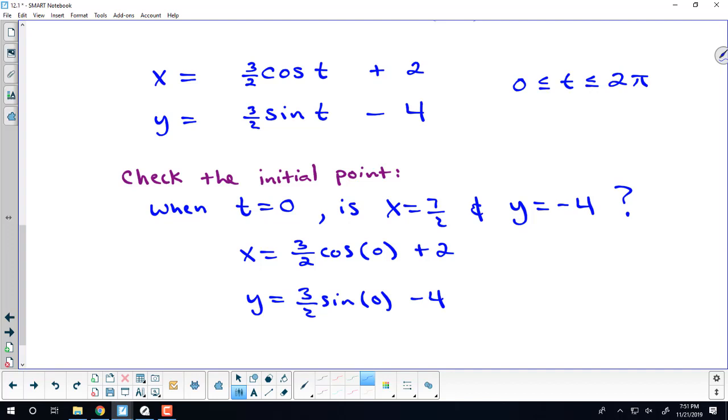So I have 3/2 plus 2, that's 7/2. And we have 0 minus 4. So that does work.